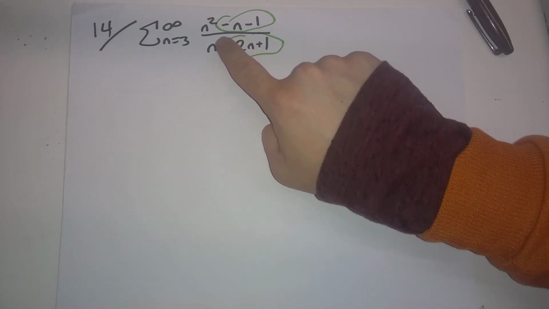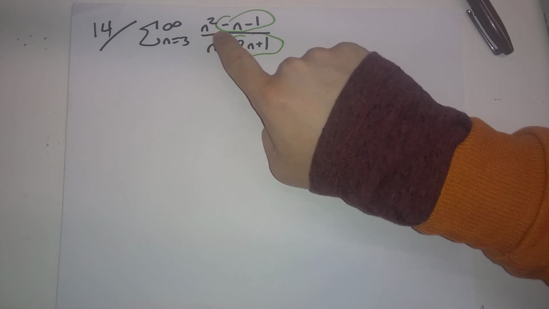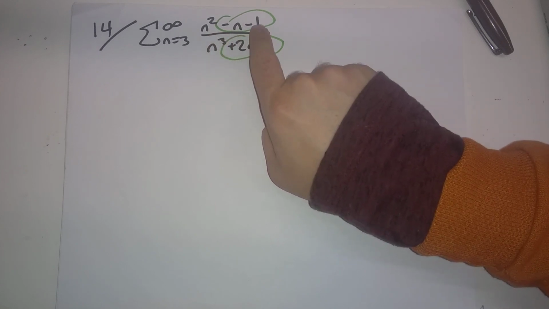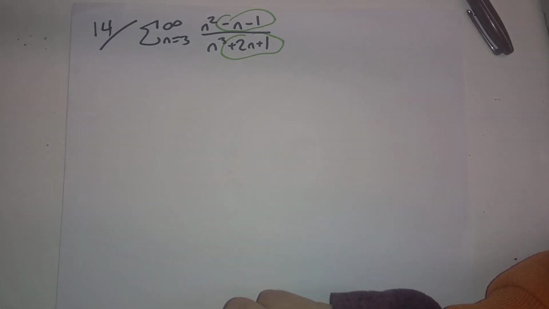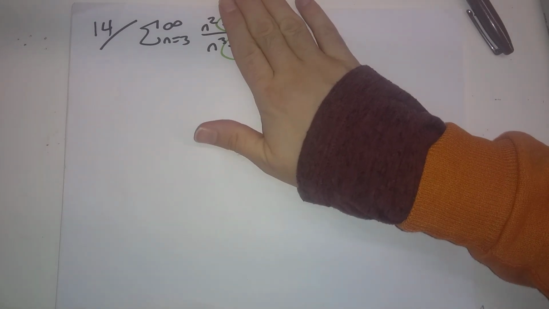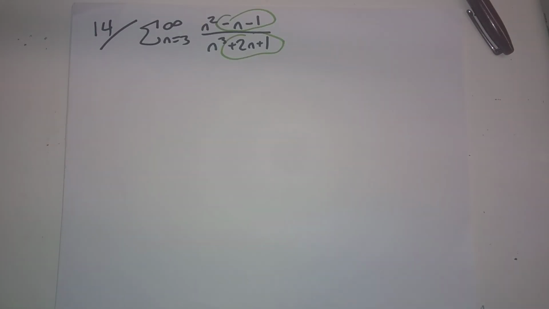As n gets bigger and bigger and bigger, n squared is going to dominate n and 1. N cubed is going to dominate 2n and 1. So as n gets bigger and bigger, this fraction gets closer and closer to n squared divided by n cubed. So at this point, I already know I'm going to use a comparison test.